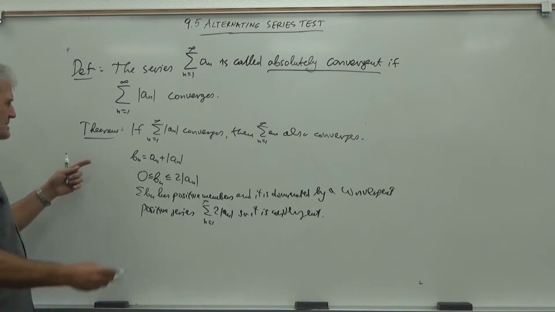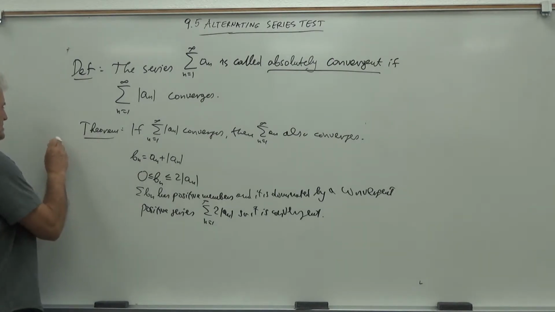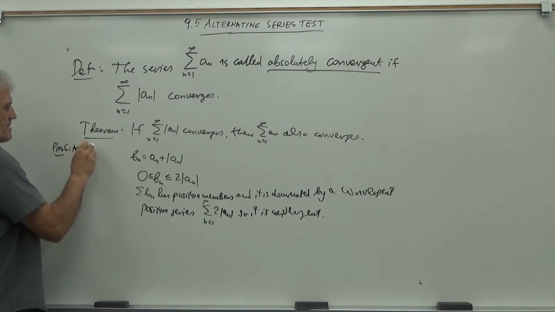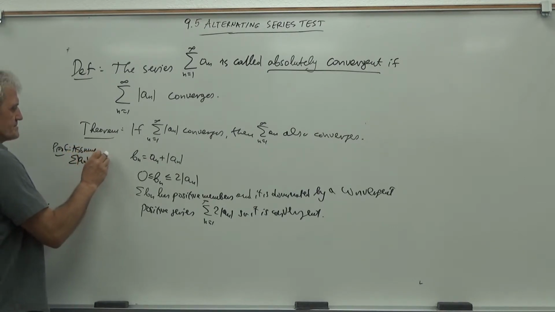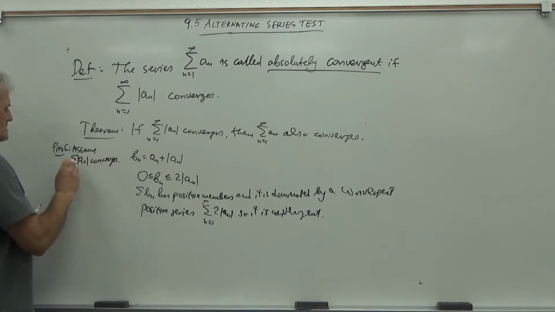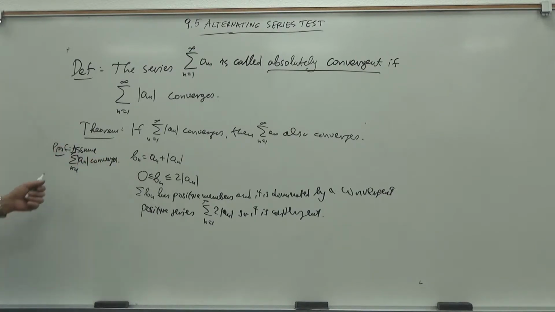By the way, I assumed that, but I didn't put it on the board in the proof. Assume the sum of the absolute value of a_n converges. We better have it on the board so that we know. That's where I called it 2, of course, which doesn't affect it. So the sum of b_n is convergent. Why is the sum of a_n convergent?